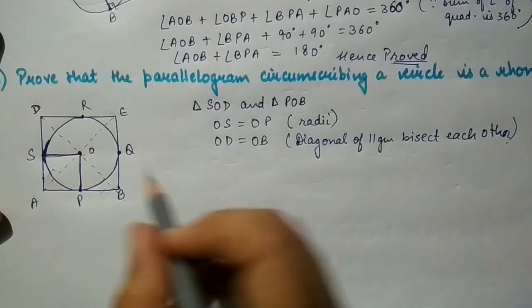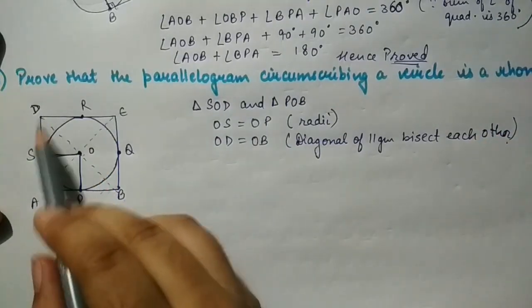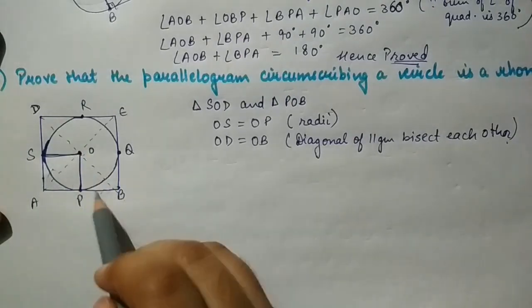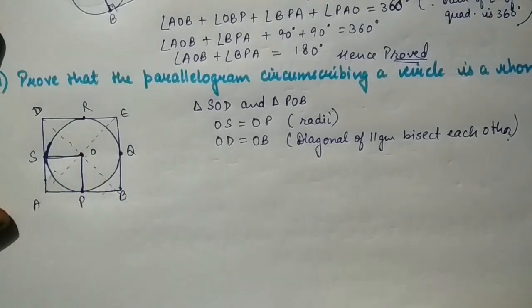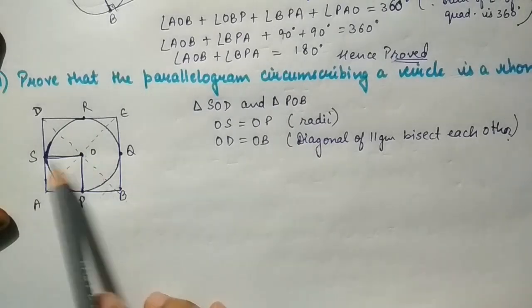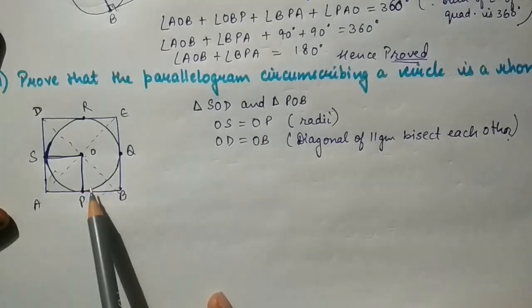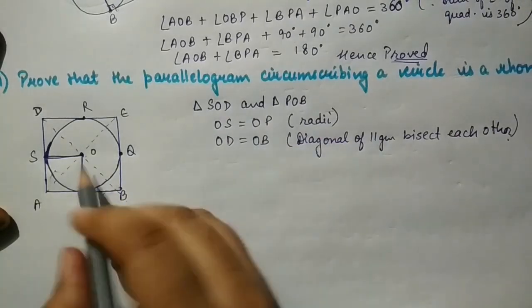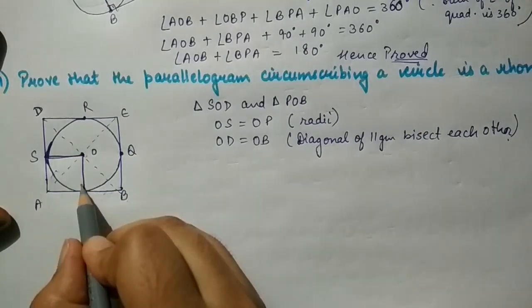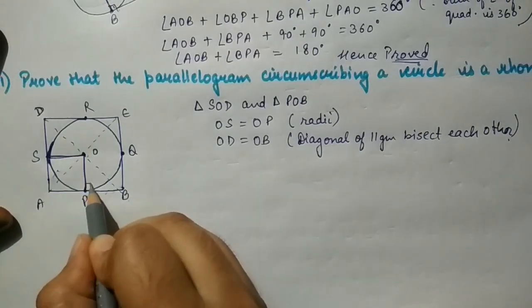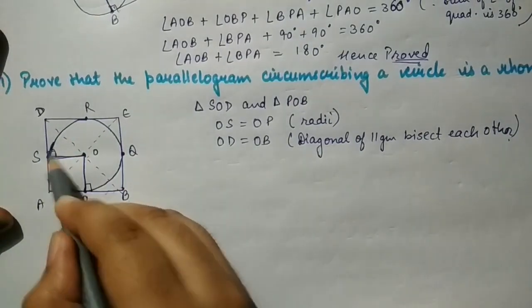And what else can you do? You will say these are the two triangles. So you can say PO is perpendicular to AB and OS is perpendicular to AD, because AB is the tangent and PO is the radius. So if these are perpendicular, you can say that this angle is 90 degrees and this angle is 90 degrees.